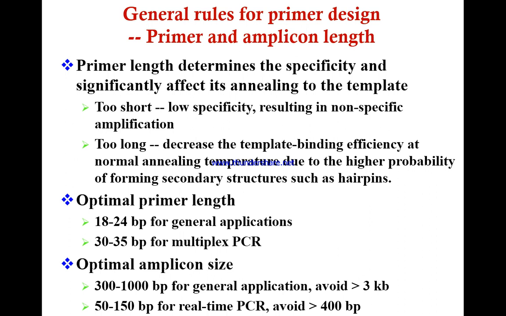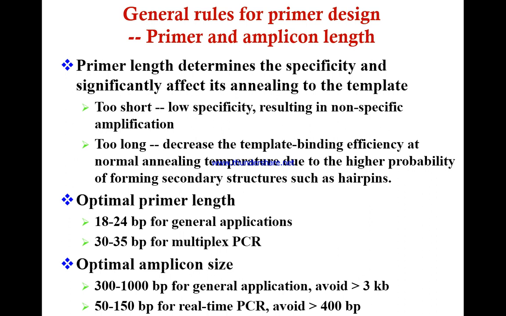It means that the primer can bind with its own ends and form a hairpin. So the optimal primer length is 18 to 24 base pairs for general applications, and 30 to 35 base pairs for multiplex PCR.